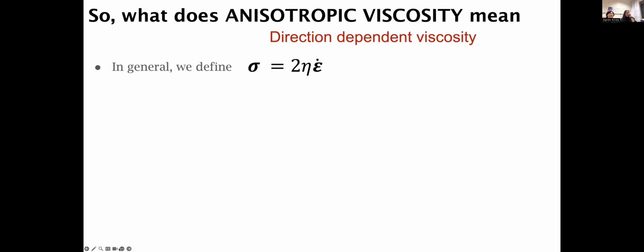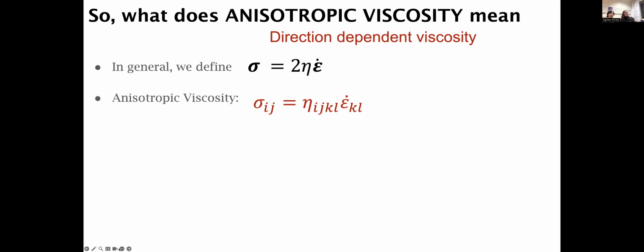Okay, so in terms of viscosity, what does anisotropic viscosity mean? We know that in general, we define the Stokes equation between stress and strain rate. It's shown here. But when we think about anisotropic viscosity, we have to think about a tensor that describes the viscosity. And this tensor is a rank 4 tensor, which means that it would have 81 components.